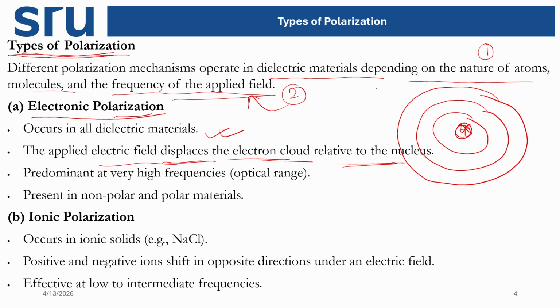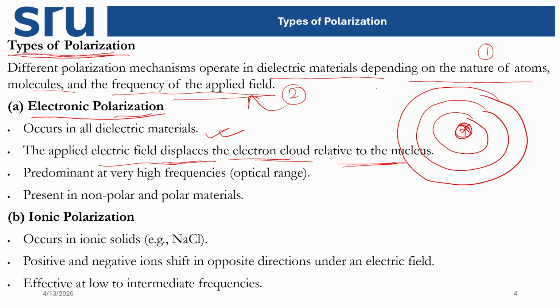Because of the displacement, one side becomes slightly different and there is a net dipole moment in the molecule. So we get polarization, and this is called electronic polarization, because the electron cloud is displaced due to the electric field.